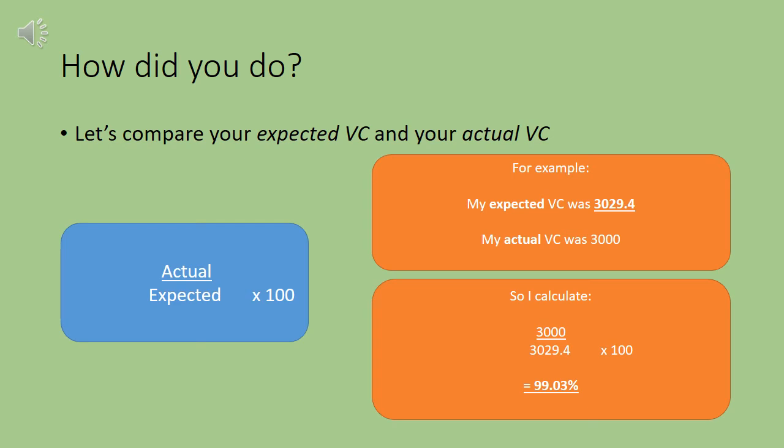Press equals on your calculator and then times it by 100. And my percentage is 99.03%. So that's really good. It means that my vital capacity is pretty much what it should be, but anything over 80% is normal. That's around about standard. If you get less than that, don't worry at all. But around 80% is roughly where most people will fall, 80% and above.